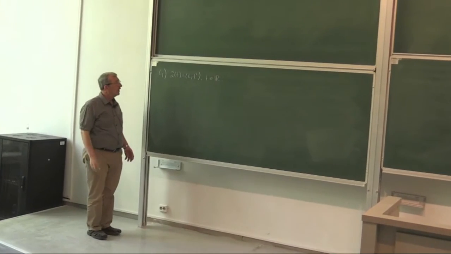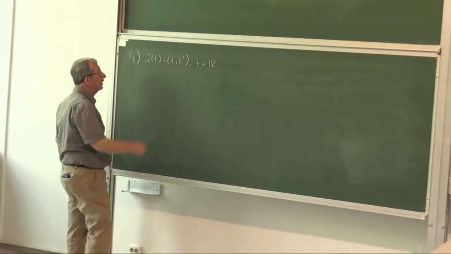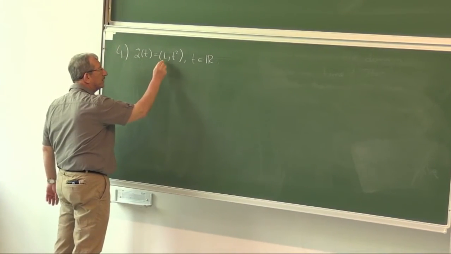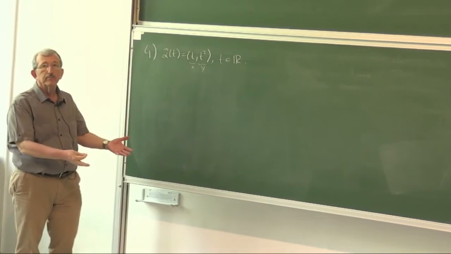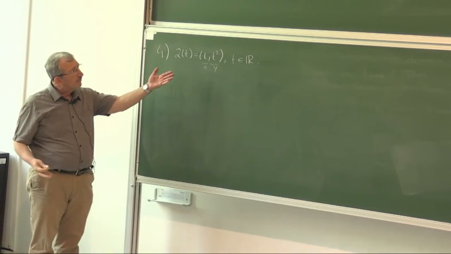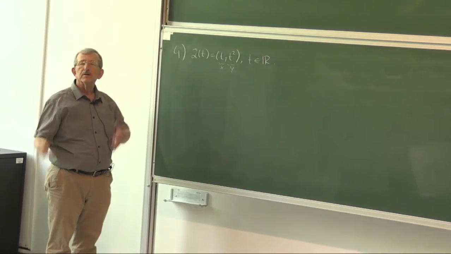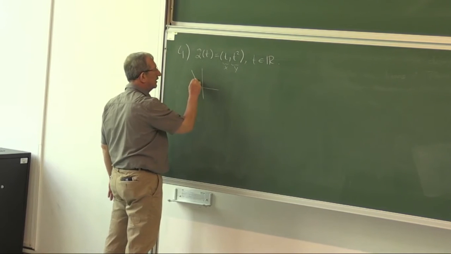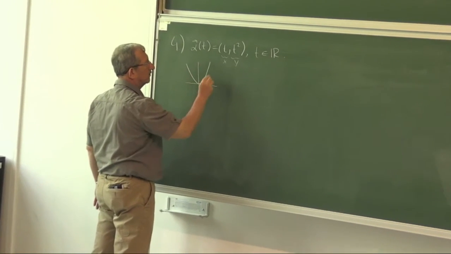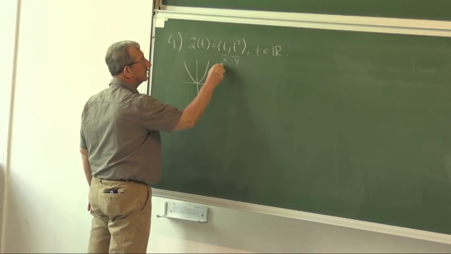What do we get, of course? Clearly, this is our x, this is our y, so y is x squared. And x changes, that's t, from minus infinity to plus infinity. So this curve is the parabola, y is x squared.